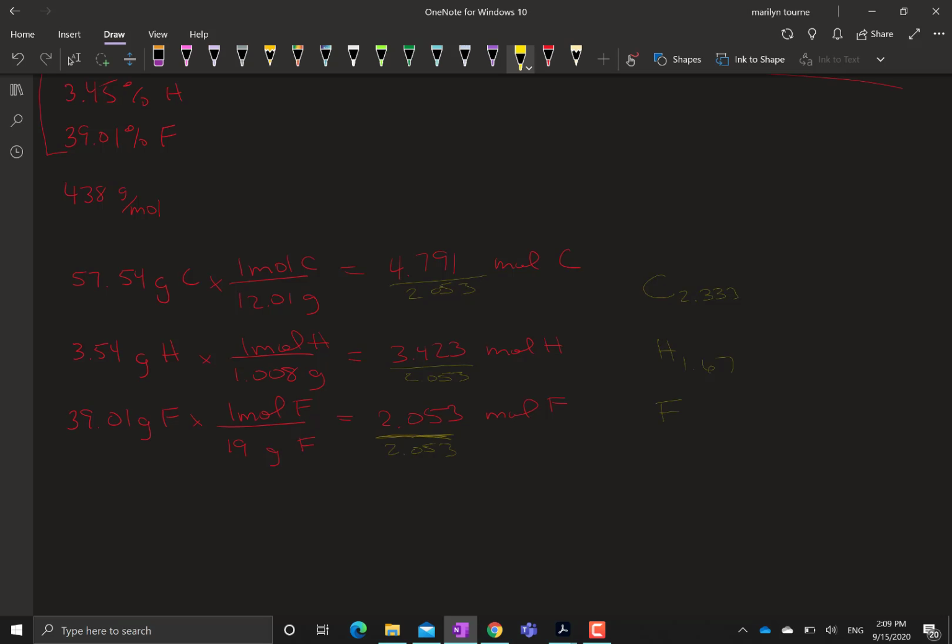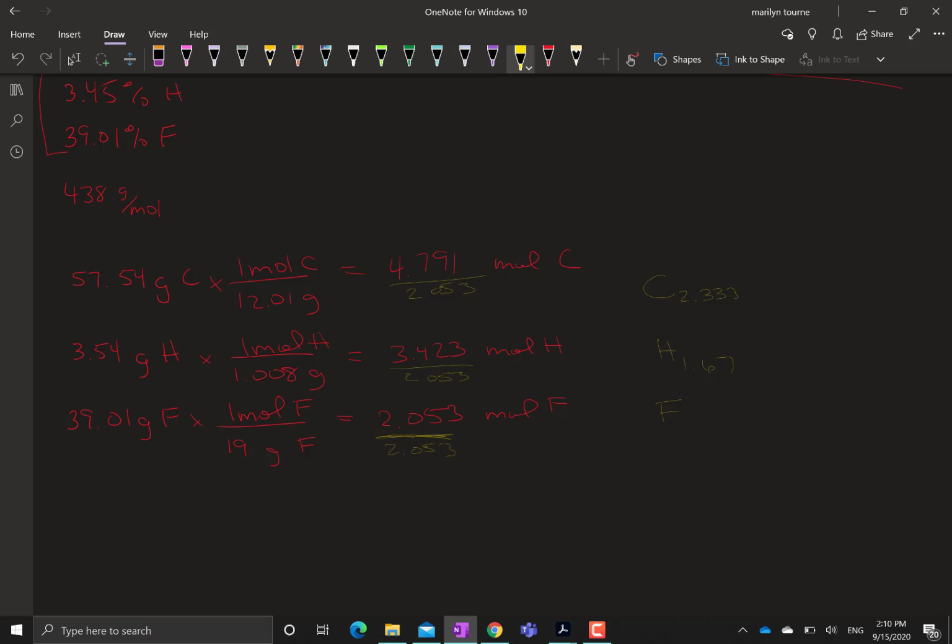But this is something different. This is a problem because this tells you that you have 2.333 moles of carbon. You can't have a fraction of a mole. So we need to fix this. Remember, the definition of the empirical formula is whole number ratio. So these are not whole numbers. So therefore, you need to be able to multiply everybody by the same value to make it into a whole number integer.